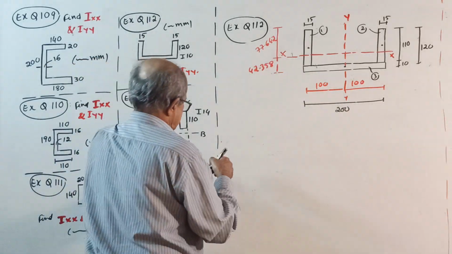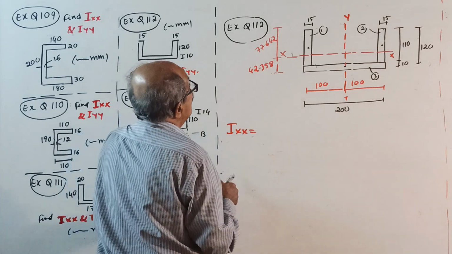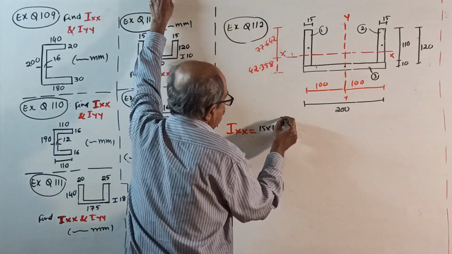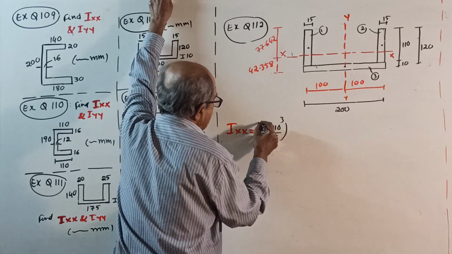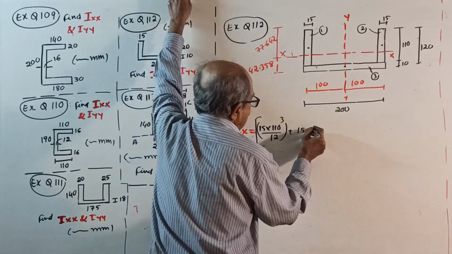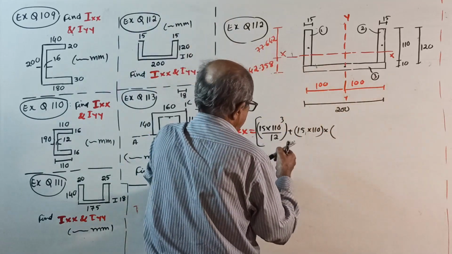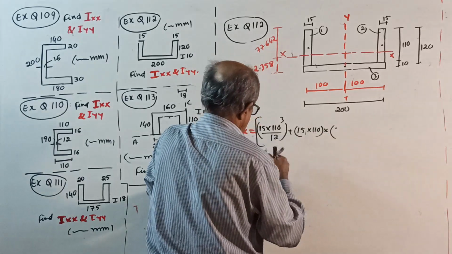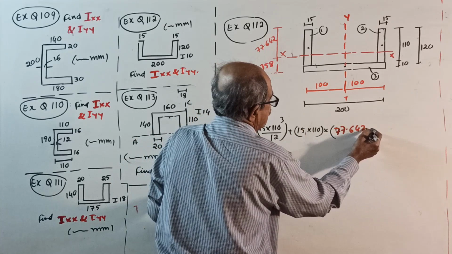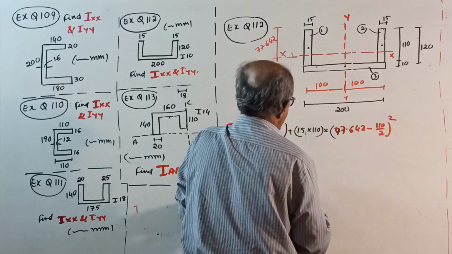Okay, now Ixx. I write very fast. I am first doing the order 1. 15 into 110 cube divided by 12, Ig, plus 15 into 110 is the area, into 77.642 minus 110 by 2 whole square.